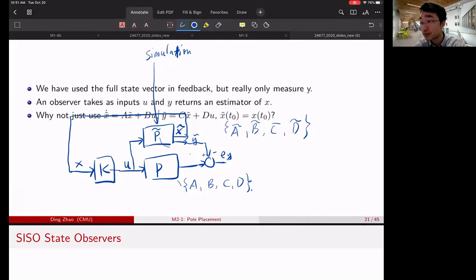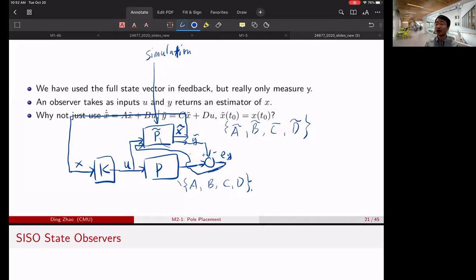Or I can do this. So I give this EY back to this P tilde system. So what happens is, if this EY is small, is 0, then I can trust my x tilde because I predict the same thing as the real world.